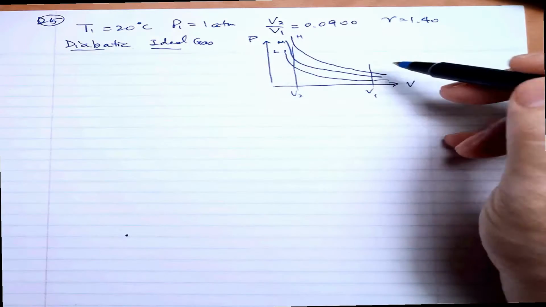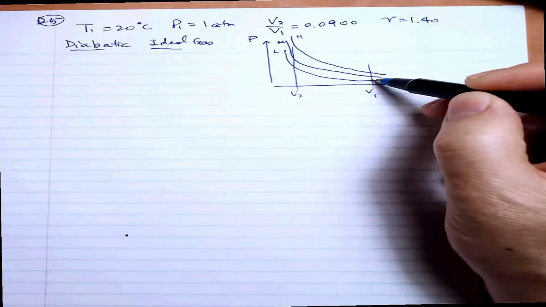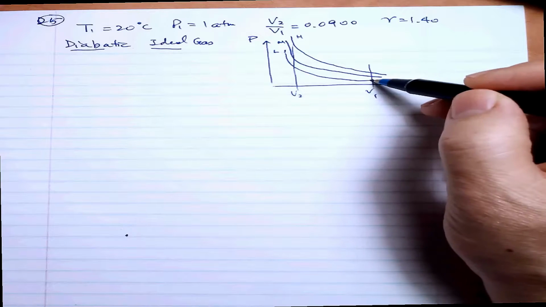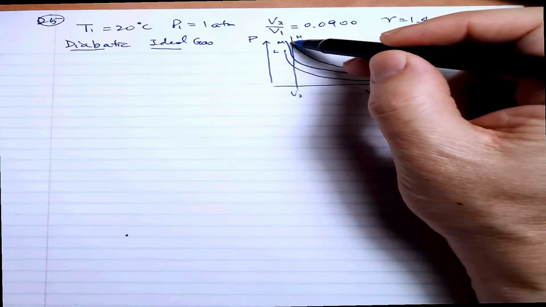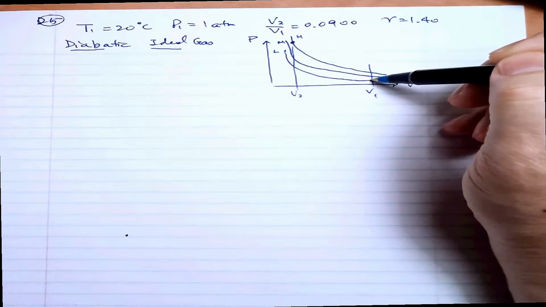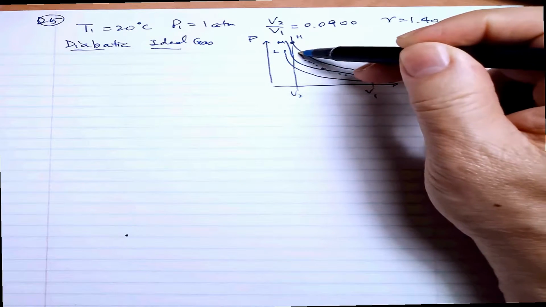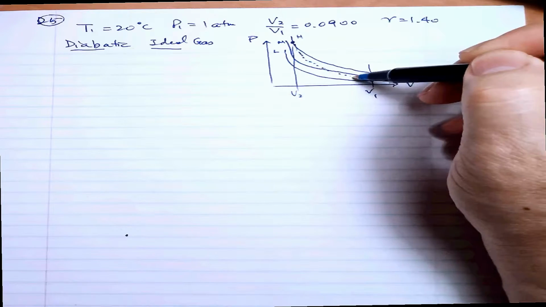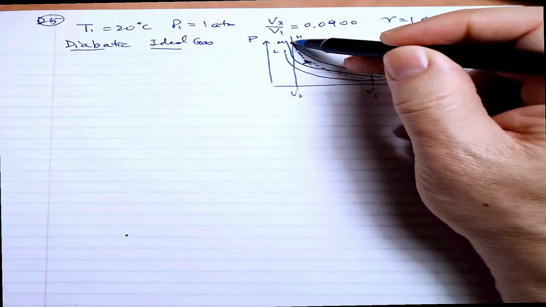You start out at 20 degrees Celsius, so this will be a low temperature, T1, and then this will be a high temperature, T2. Adiabatic compression in this case will follow a line somewhat like this, towards this end.